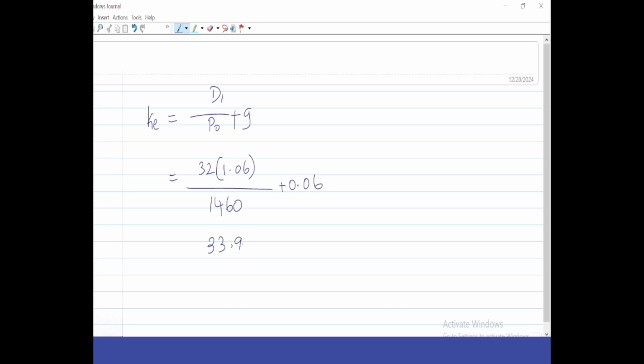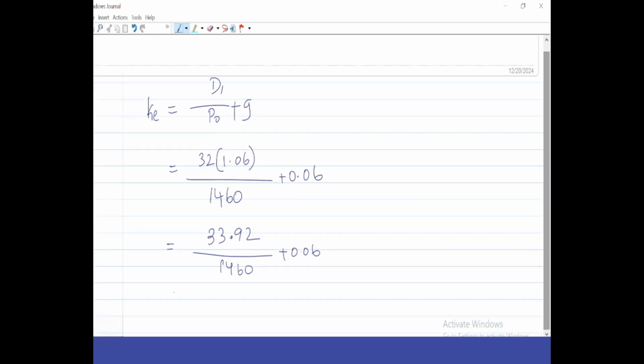Now tell me, Renika, what is 32 rupees into 1.06? 33.92. It is rupees 33.92, and divide that by 1460.